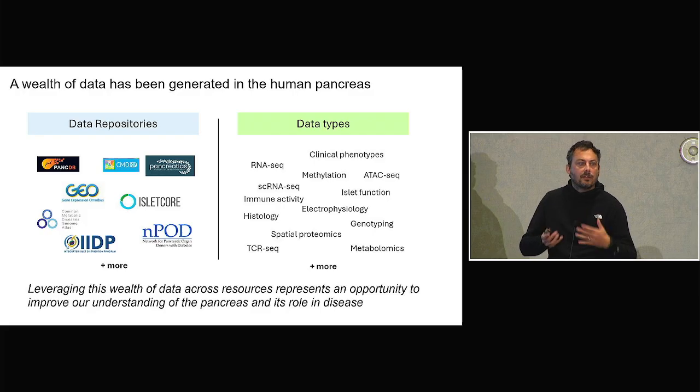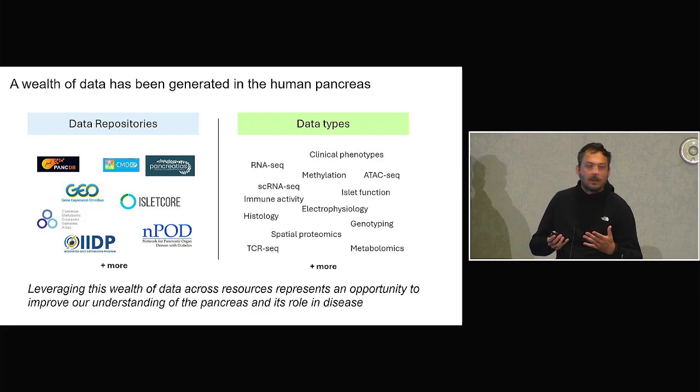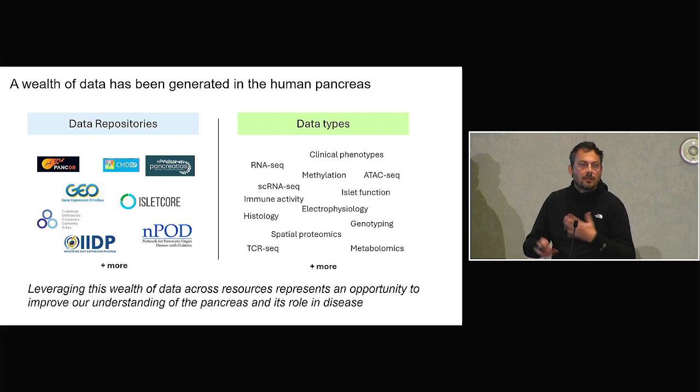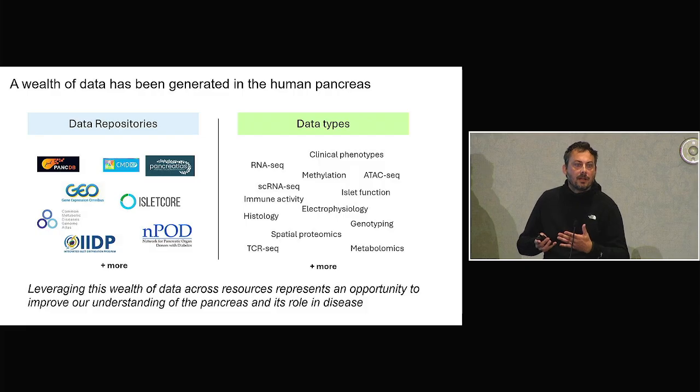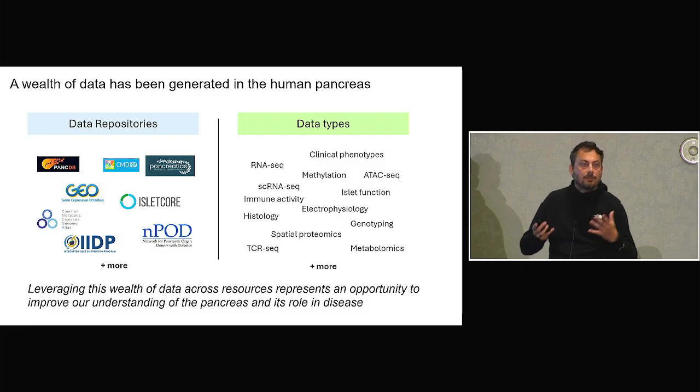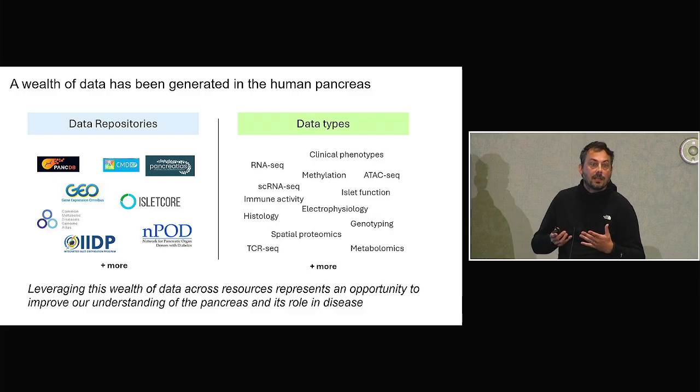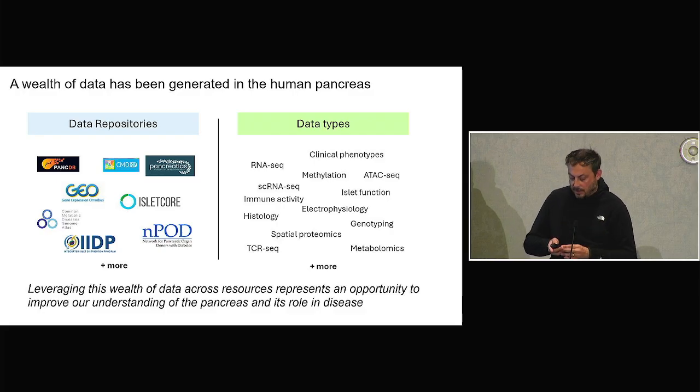There's also a wealth of different types of data that are being generated in the pancreas. So genomic data, genetic data, other types of data, functional information, electrophysiology, and so this incredible wealth of data being collected on human islets and human pancreatic donors, again, is a real opportunity for us to improve our understanding of diabetes and other pancreatic diseases.